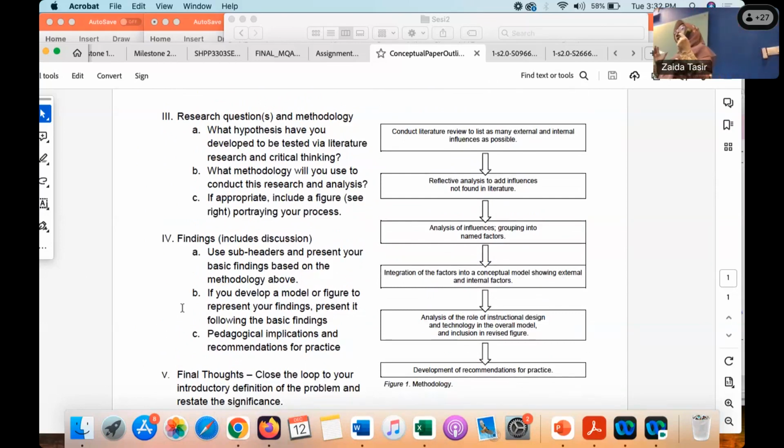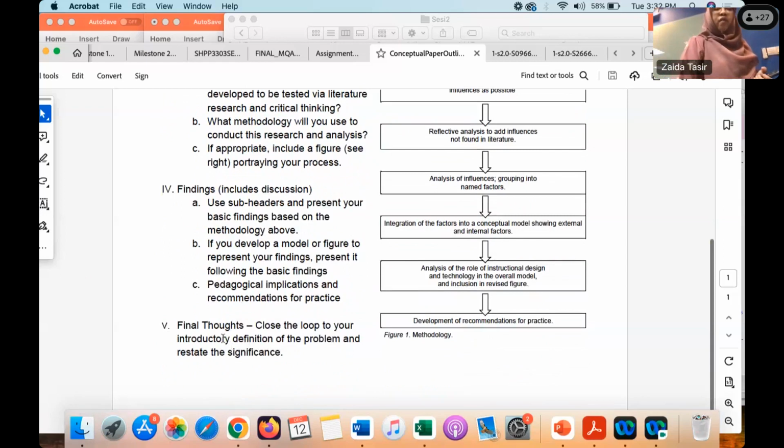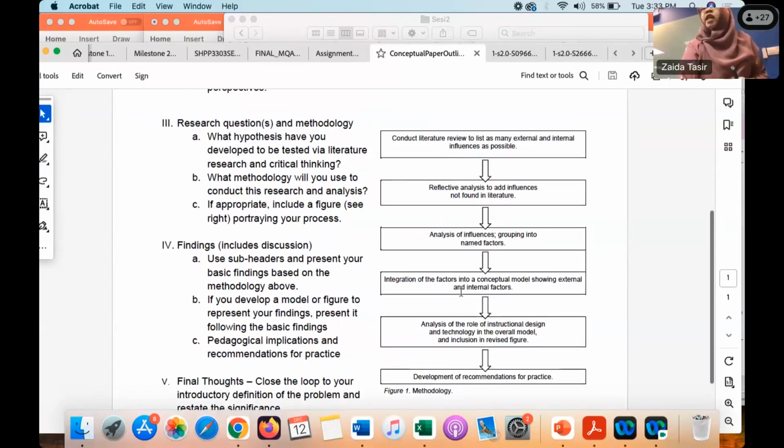When you produce a theoretical framework, of course, you critically review the previous theory and you end up with a specific theory for your PhD research. Of course, you will discuss the finding, how you end up with the theory. And at the end of it, you have your final thought, which is actually the conclusion. And the methodology is a diagram that you can put in the methodology section of the concept-based article.